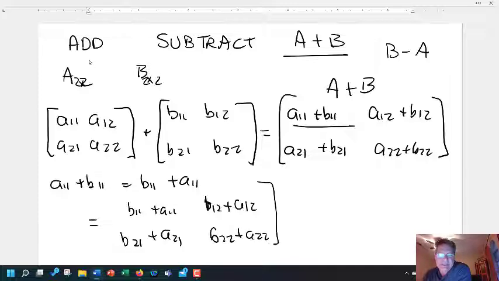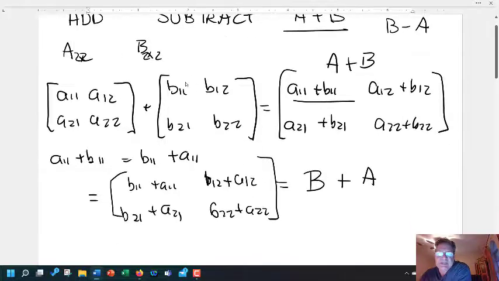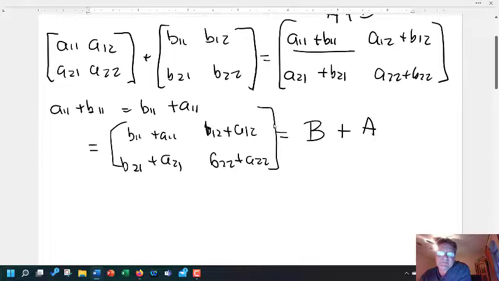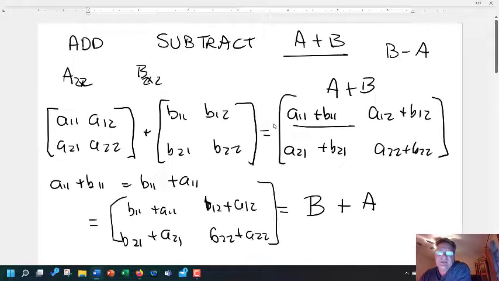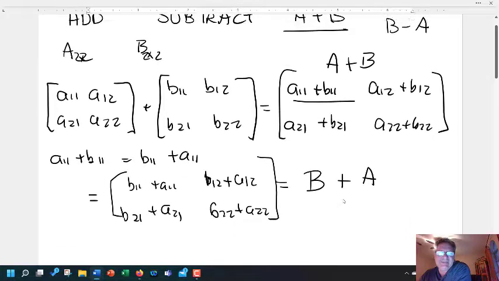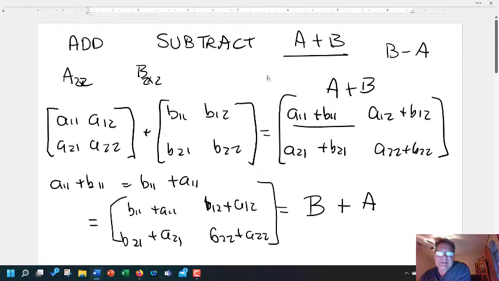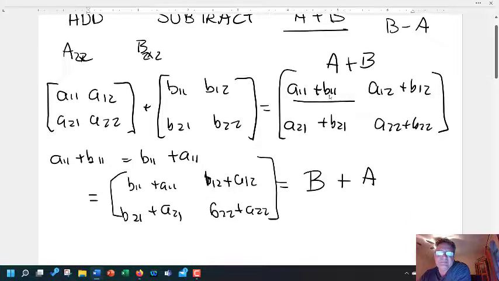A little pedantic, but notice now if we split that up and reverse what we were doing, that's exactly B plus A. So when we add matrices, this is an operation that commutes. A plus B is equal to B plus A, and that doesn't depend on the size, as long as the two matrices are the same size.